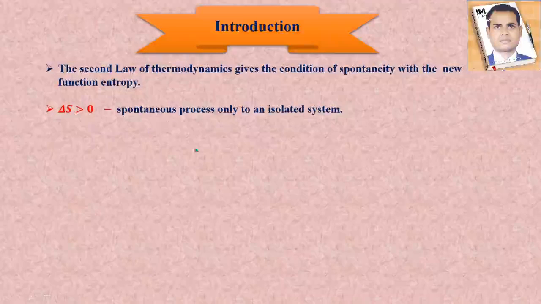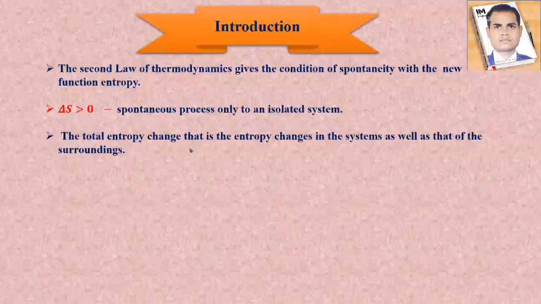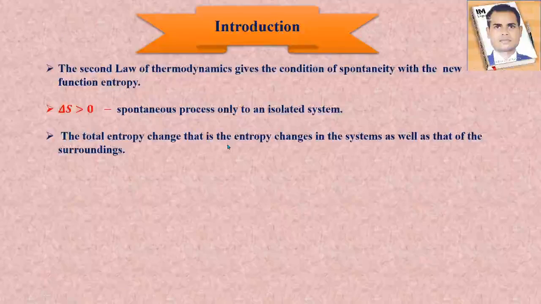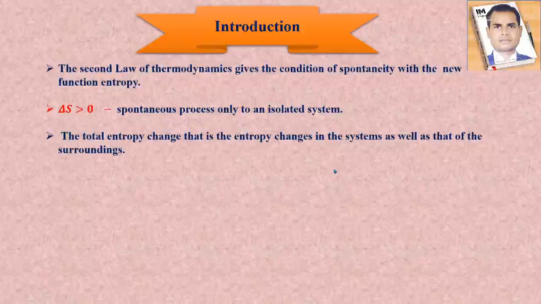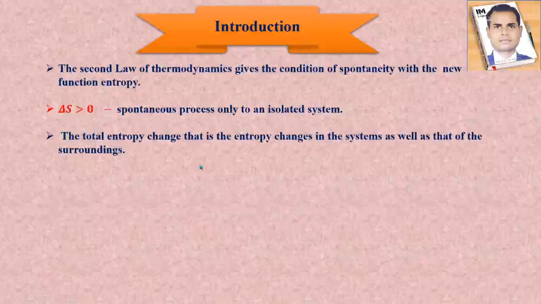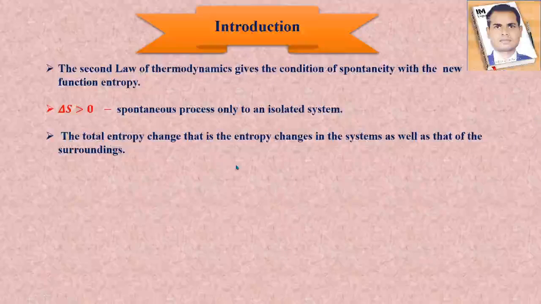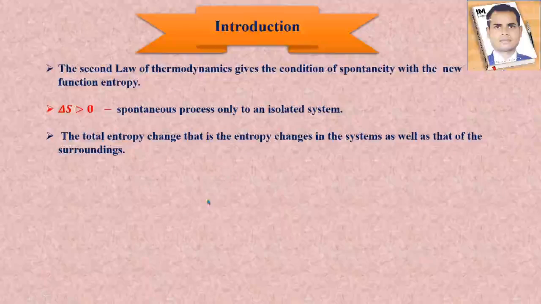And it will be a spontaneous process, a very immediate process. Now the total entropy change is the entropy change in the system as well as that of the surroundings. We know what is meant by system and what is meant by surroundings, so the entropy will change for that system as well as the surroundings, right?